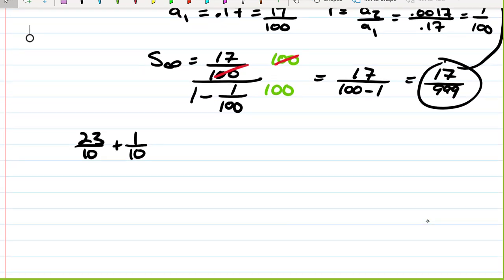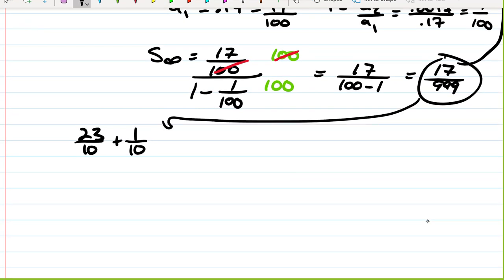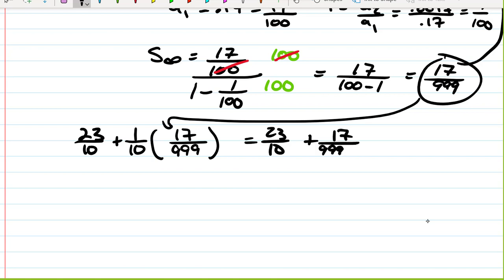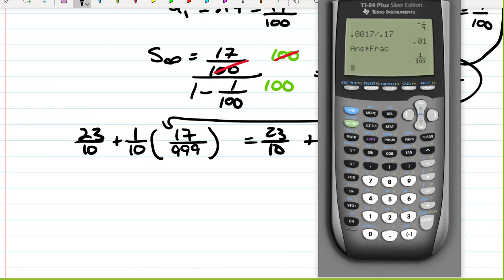And then we just found that our repeating part was 17 over 999. So then we get 23 over 10 plus 17 over 9990. And we'll finish that up on our calculator.